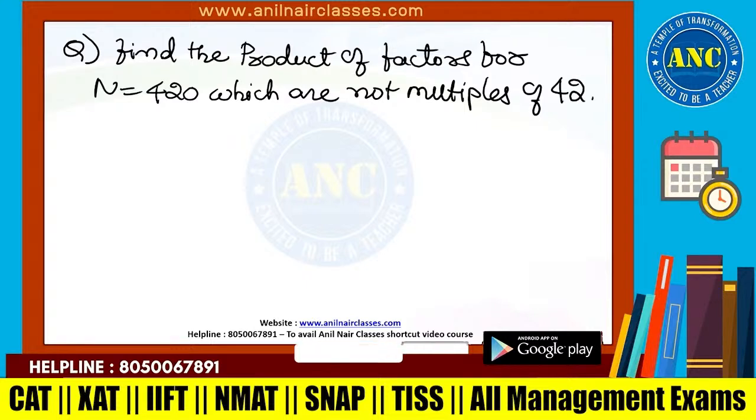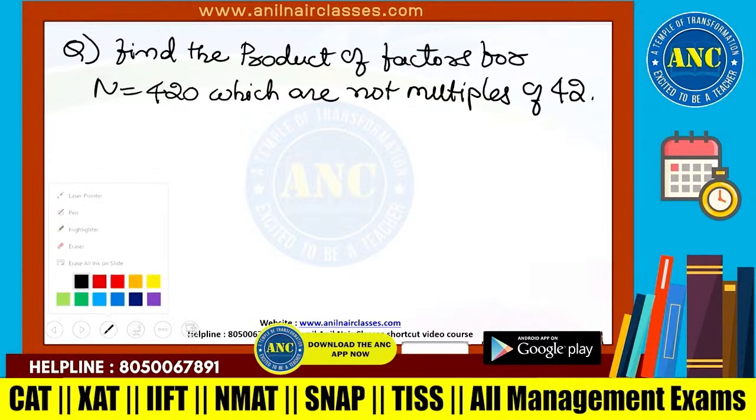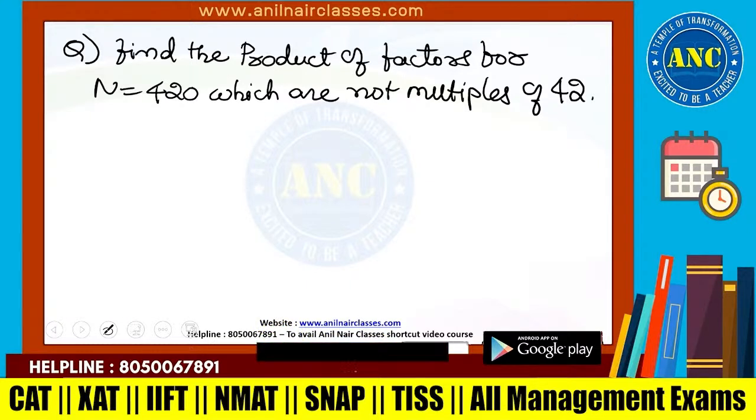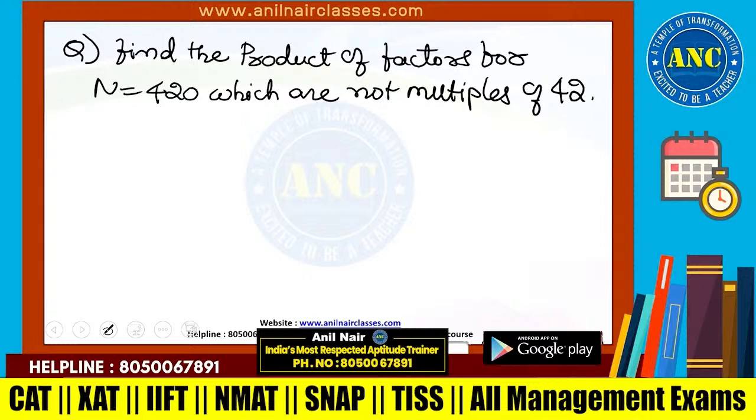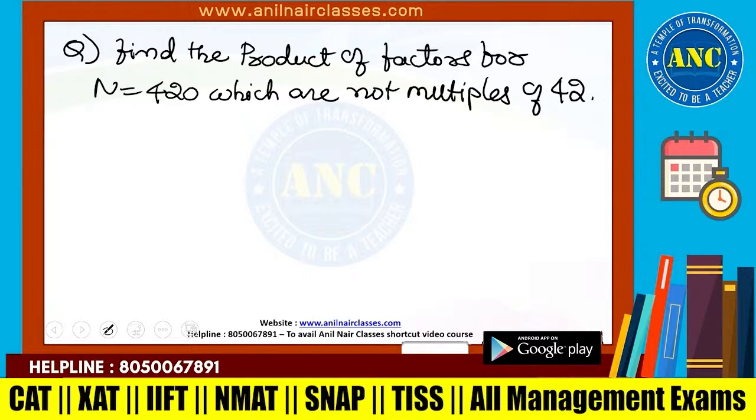Find the product of factors for n equivalent to 420 which are not multiples of 42. We have discussed that the product of factors is number power number of factors by 2.